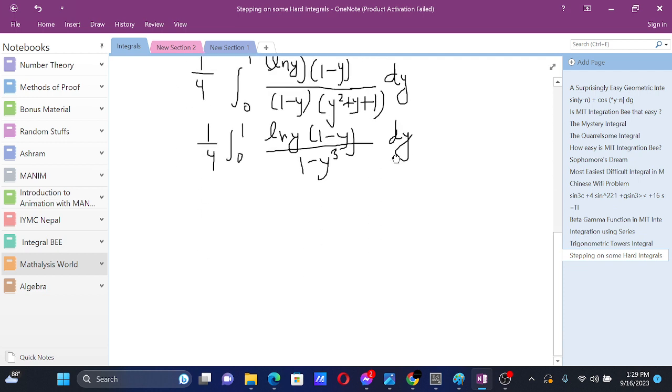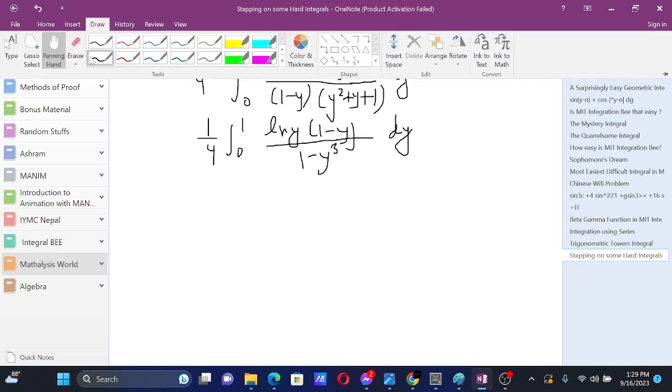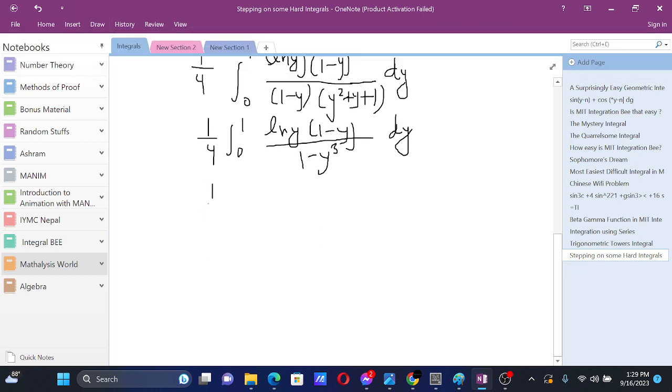Now we have the integral. What we can do is substitute z as y cube, and then z to the power 1 by 3 equals y. While we are doing this, we are trying to take this into one of the standard forms of integral.